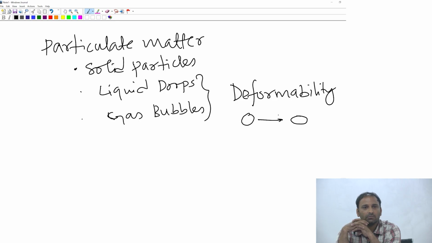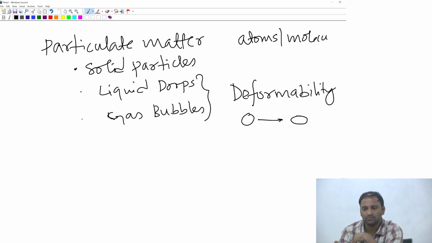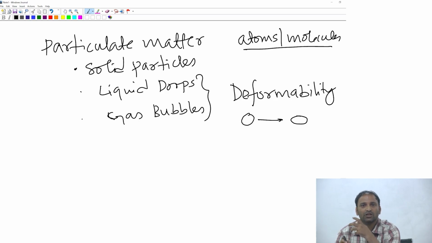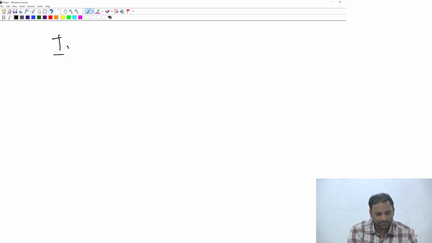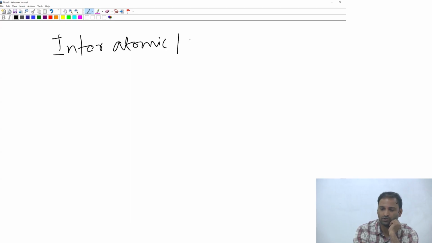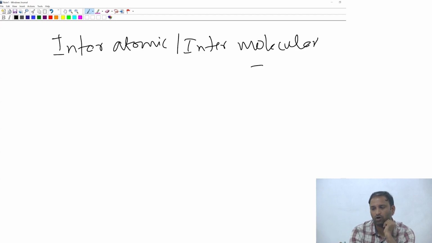Now, what is the constituent of each of these particulate matter? Everything is basically made up of atoms or molecules. So when we have atoms and molecules that constitute this particulate matter, you should know a little bit about atomic or intermolecular forces.